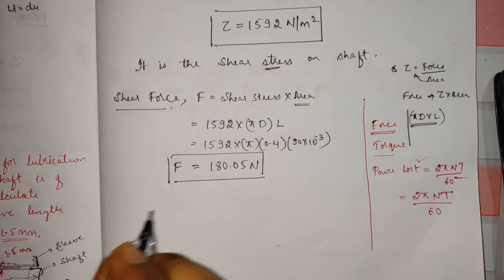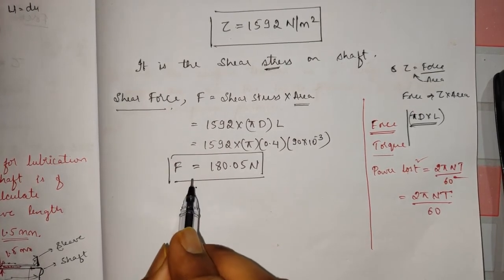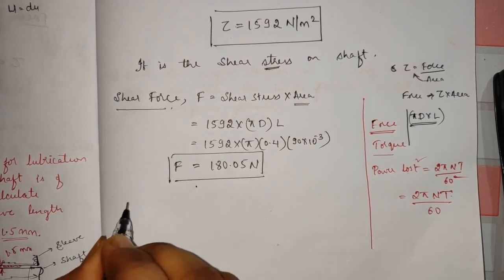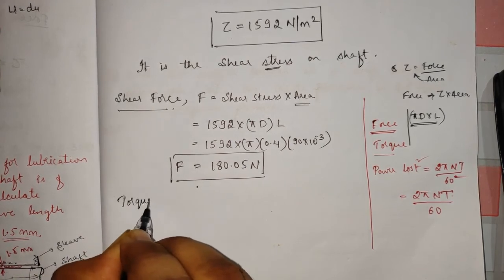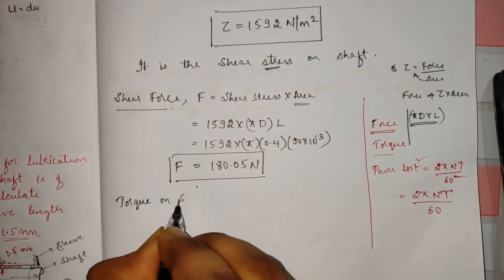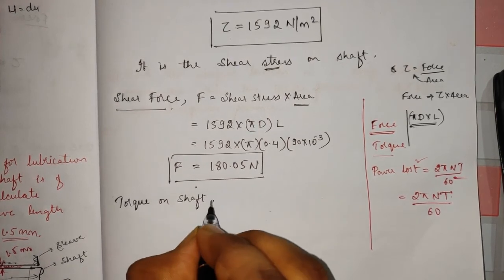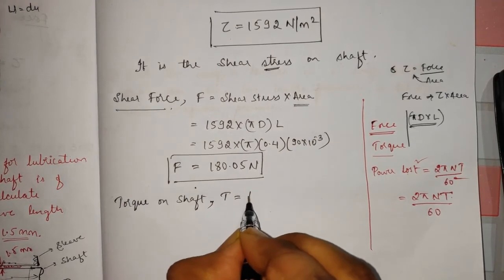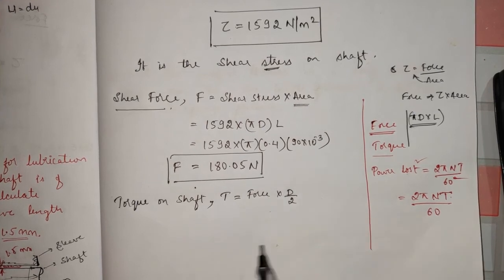So now what I want? I got the value of force. Why do I need to calculate the value of force? Because I need to find the value of torque on the shaft. These all formulas you have already learnt in your PUC, just refresh it. So torque is equal to force into d by 2.